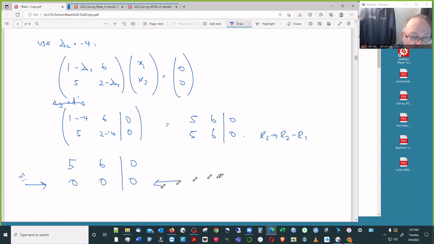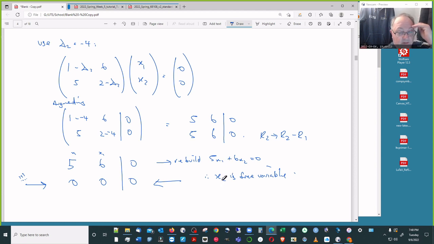So we assign x2 as a free variable. Okay, and we can express everything else. So if we do a rebuild here, we've got 5x1, because remember that's the x1 column, x2 and so on. 5x1 plus 6x2 is equal to 0.